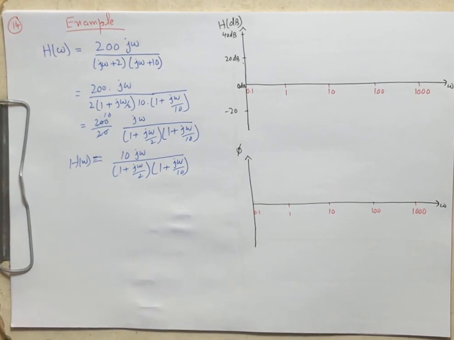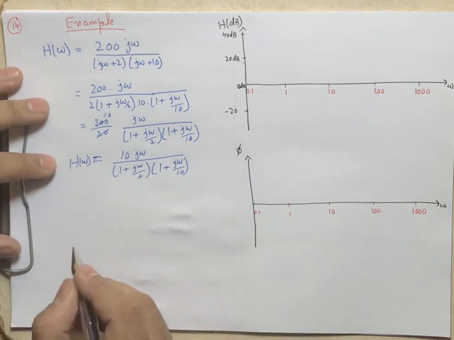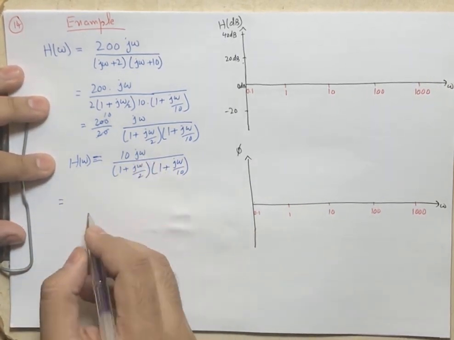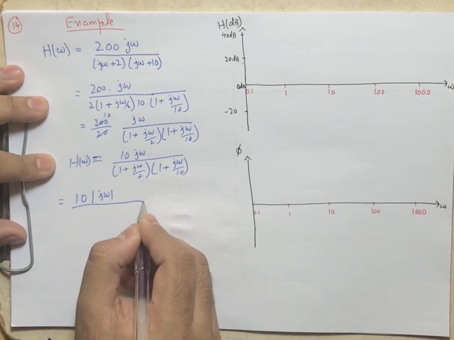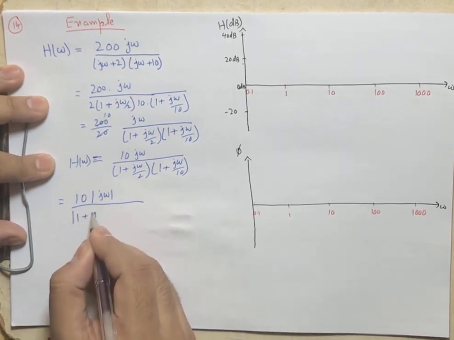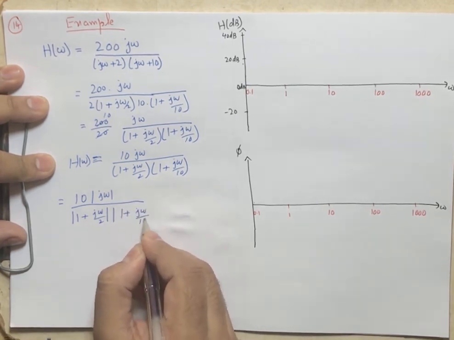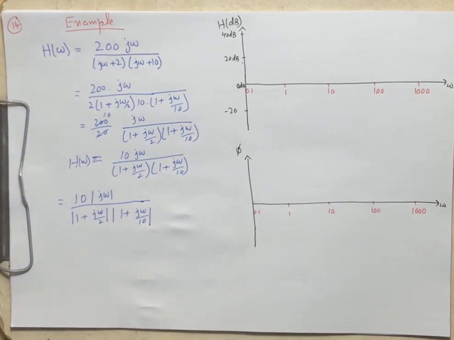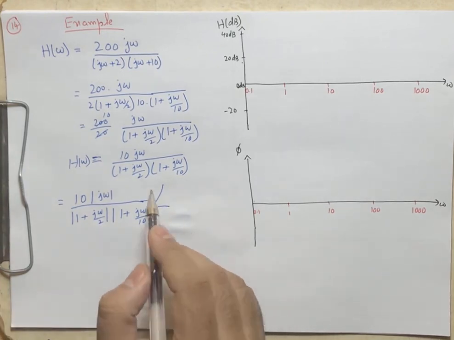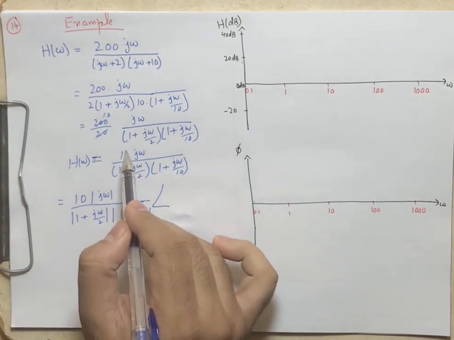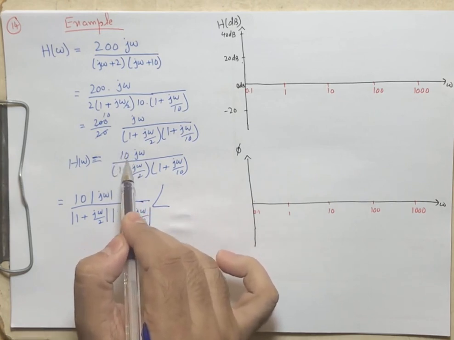Now from this form, I am going to compute the magnitude and the phase as well. The magnitude of this whole term will be 10 times the magnitude of j omega, over the magnitude of 1 plus j omega by 2 into the magnitude of 1 plus j omega by 10. This is the whole magnitude. Now I'm talking about the angle. This is a constant term, K, and as you already know, the angle of the constant term is 0.